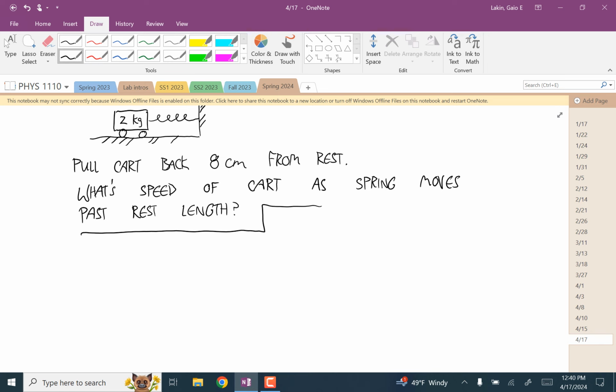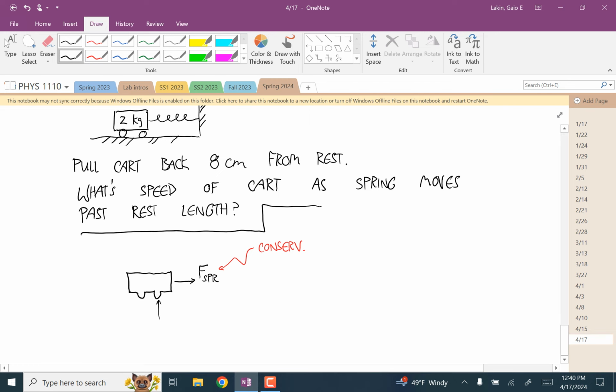So now let's think about the free body diagram and make sure that all the forces are allowable. There's a spring force. That's okay, because that's conservative, and we have a potential energy function for that.